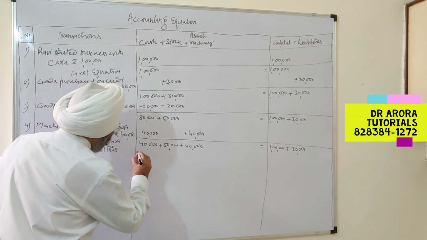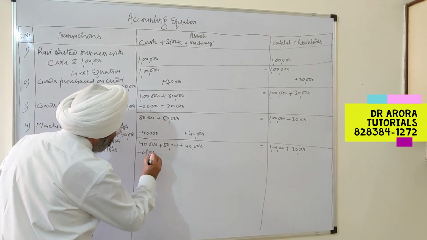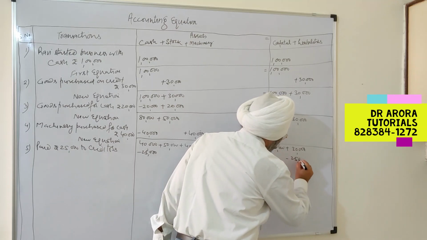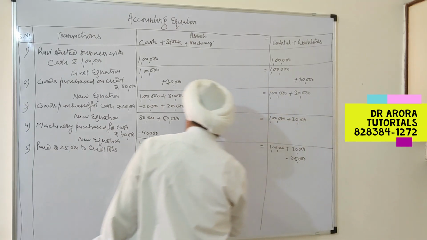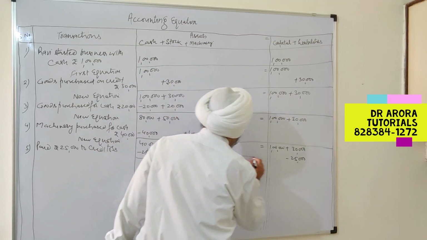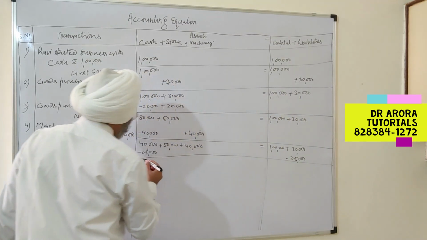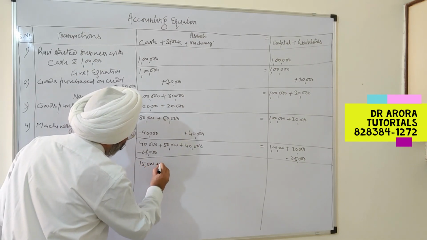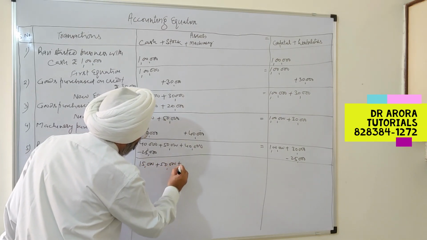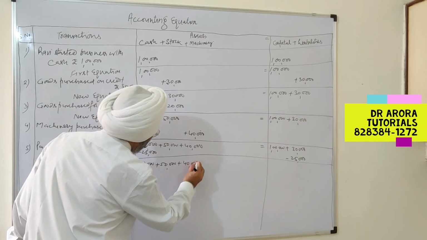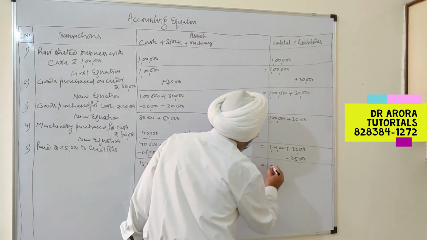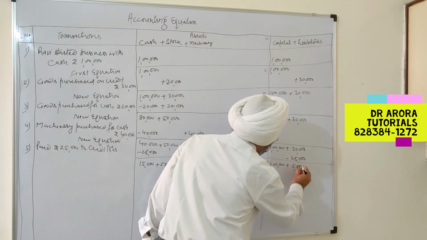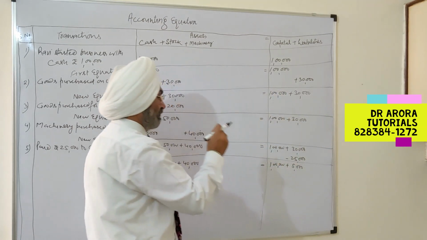So 25,000 cash will decrease and 25,000 of our liability will decrease, and we will be left with 15,000 cash, 50,000 stock, 40,000 as our machinery, 1 lakh as our capital, and 5,000 as our liability towards creditors.